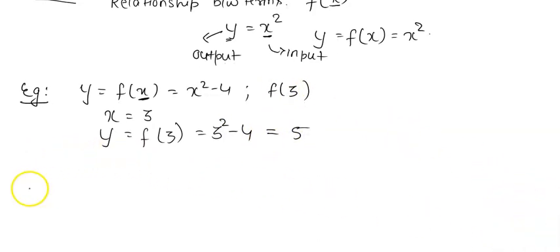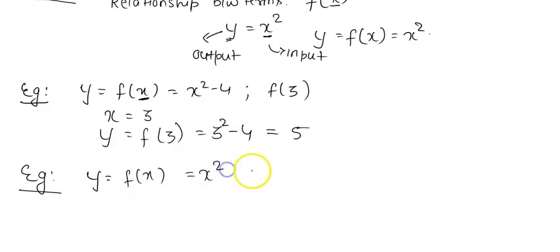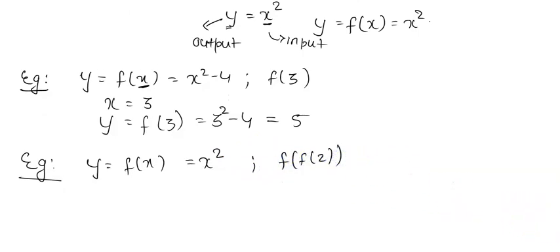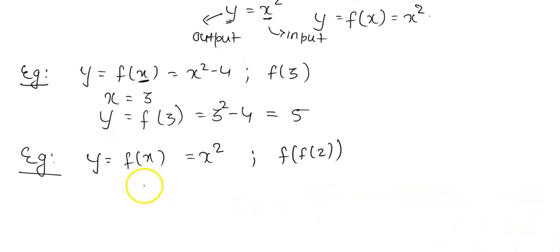Now if I consider a different example, like if I write y is equal to f of x is equal to x square, but I need to find the value of f of f of 2. I have taken this question in order to enhance the level from the previous question. So here we can see the function of f of 2. There is a function inside a function.